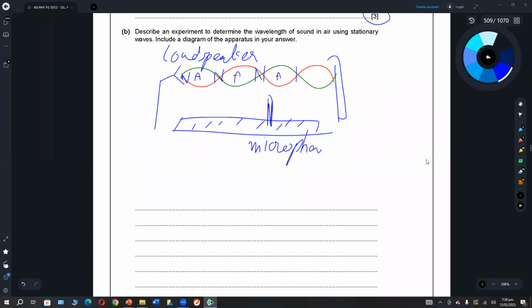Make this with me so that you get a memory. Now the microphone was connected with a CRO.